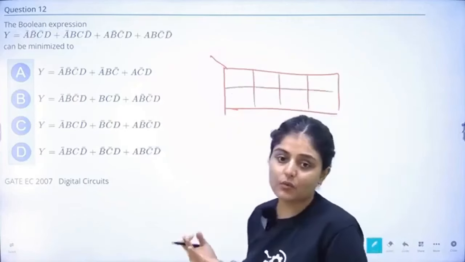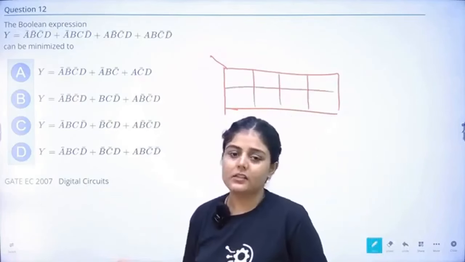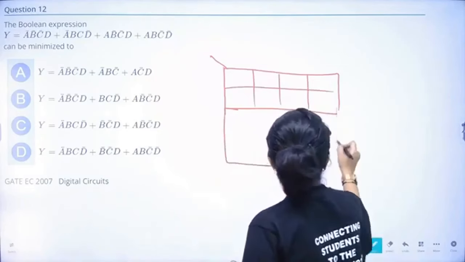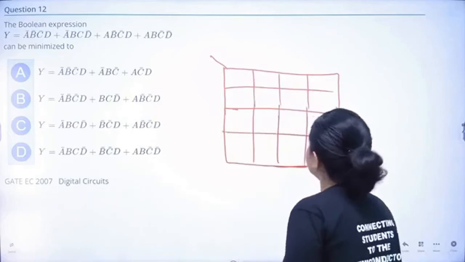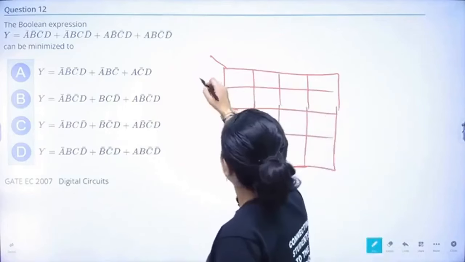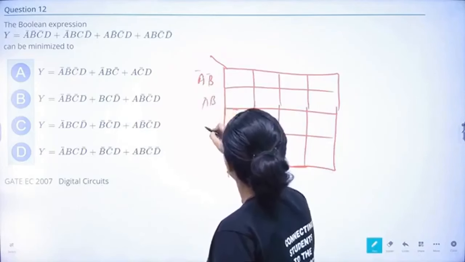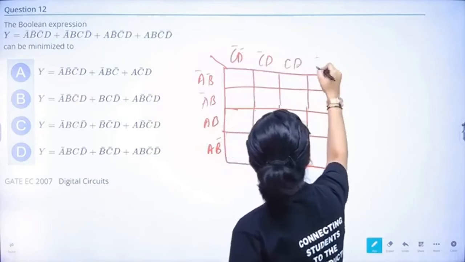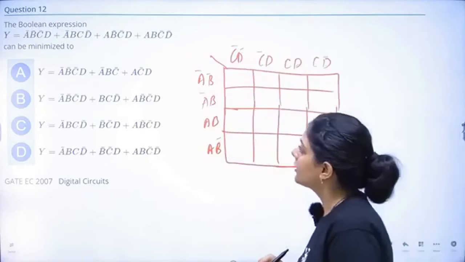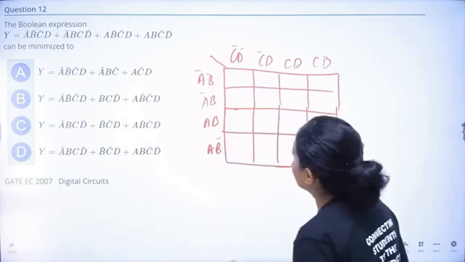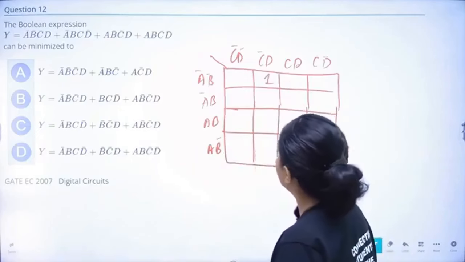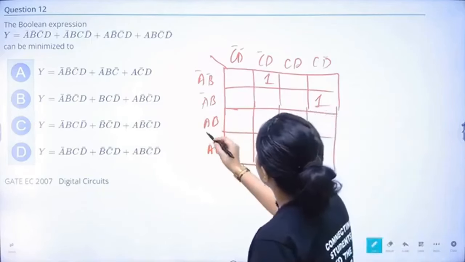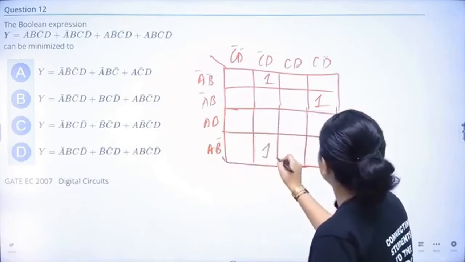Otherwise, you have to take common terms, and that is time consuming. A bar B bar C bar, B bar, and so on.